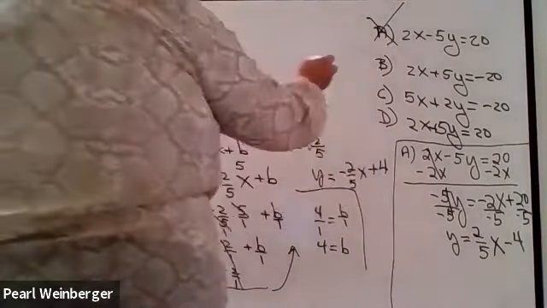And if I want it in the standard format, I need to get the x and the y on the same side. So I add 2x to both sides, which gives me my equation 2x plus 5y equals 20, which again is exactly choice D. So this doesn't happen very often.